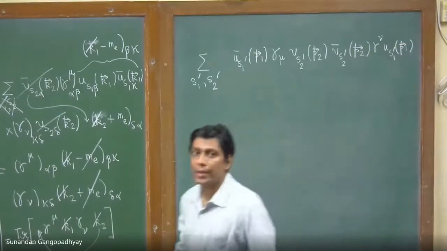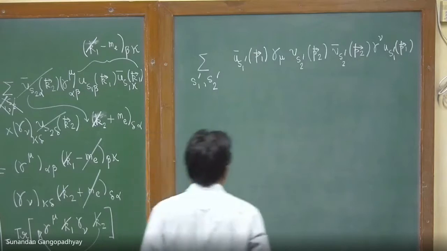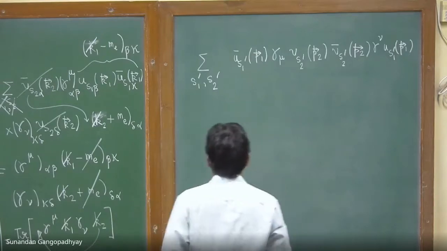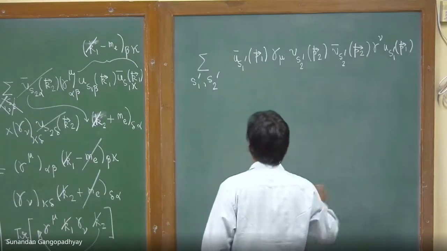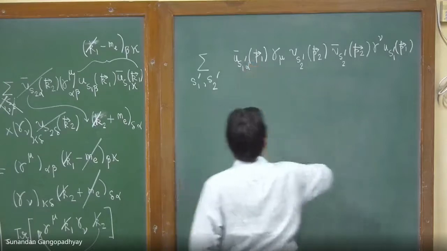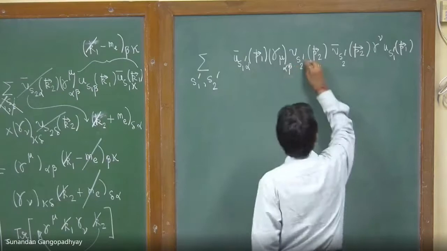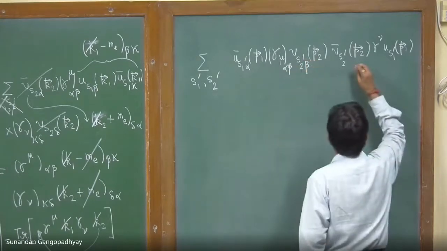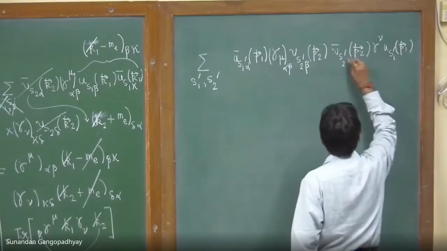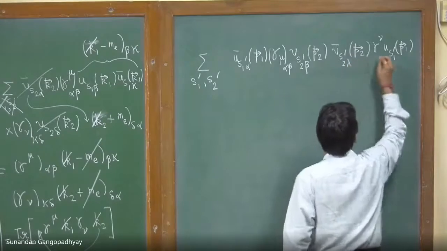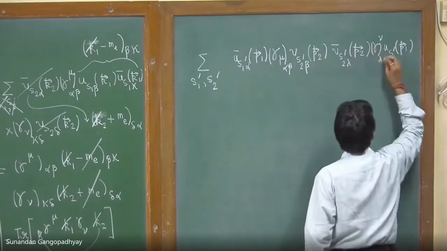So we need to carry out this sum. So for that, let us once again break it up into indices. Let us call this alpha. This becomes alpha beta, and beta. This becomes say lambda. This lambda delta.